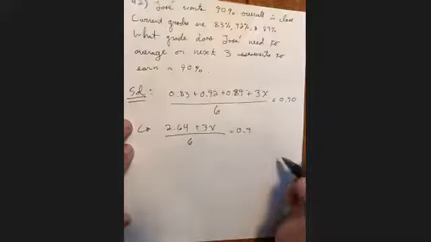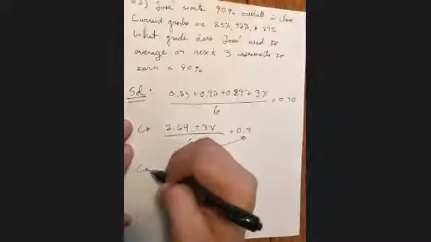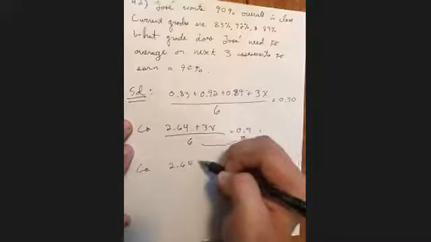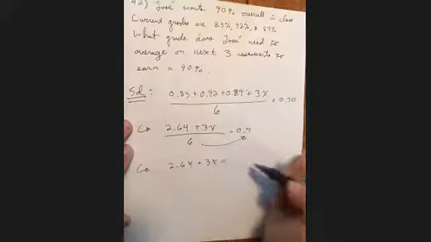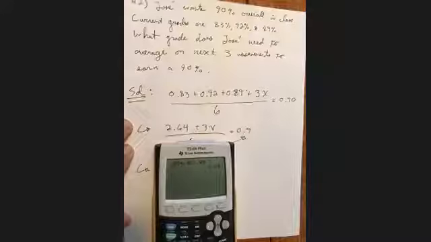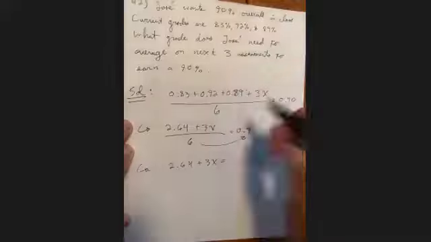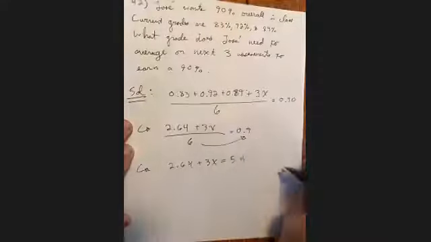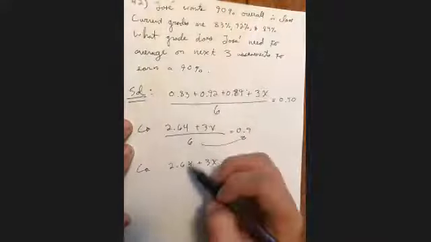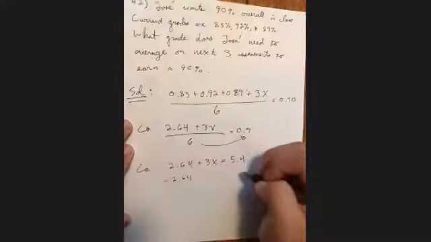All right. Now we will bring up the 6. And that gives us 2.64 plus 3x equals 6 times 0.9, which is 5.4. And now we're just solving for x. So we subtract the 2.64 over.